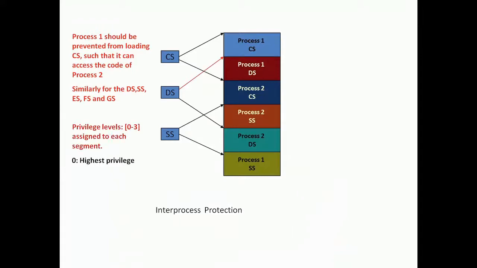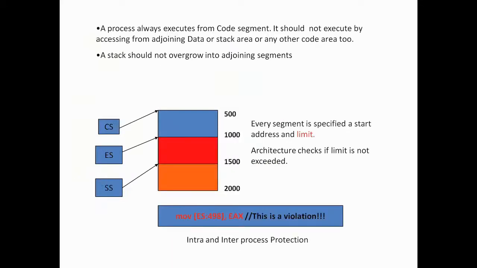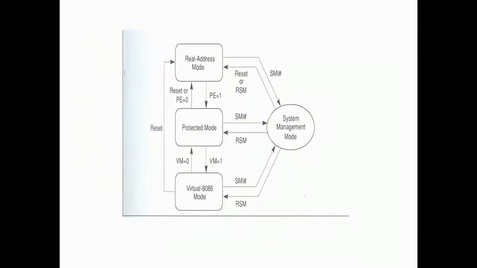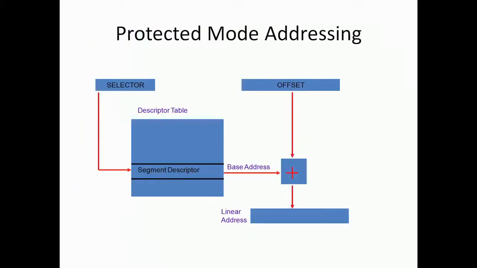So now we go back. 0 is the highest privilege and 3 is the lowest privilege. So now we go back into this stuff here. In your descriptor table, when you see this segment descriptor, what is there now? There is a base address, there is a limit address, and there is also a privilege level, right.